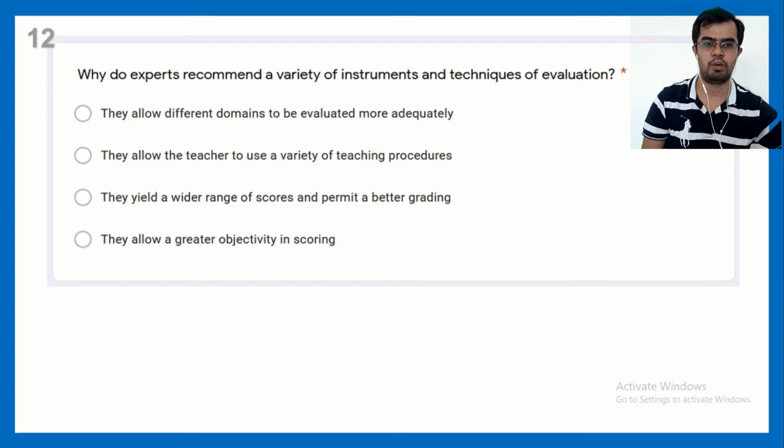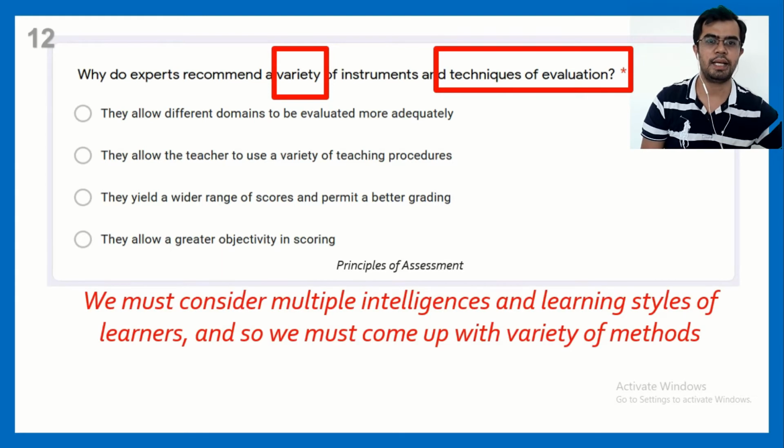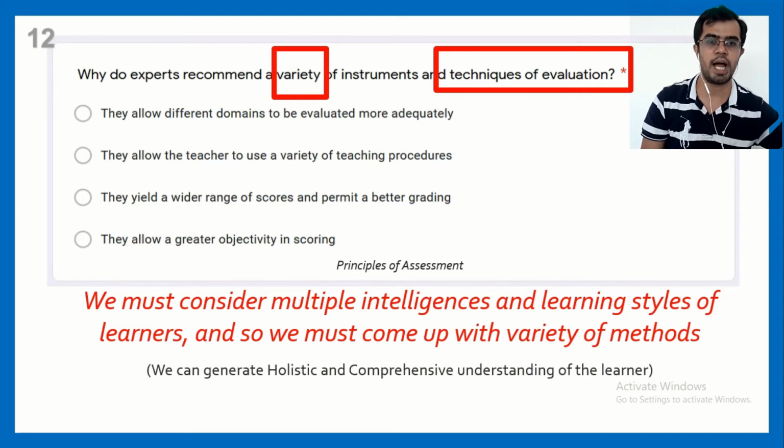Number 12. Why do experts recommend a variety of instruments and techniques of evaluation? The keywords are variety and techniques of evaluation. Let us remember this principle of assessment that we must consider multiple intelligences and learning styles of learners, and so we must come up with a variety of methods for us to generate holistic and comprehensive understanding of the learner.